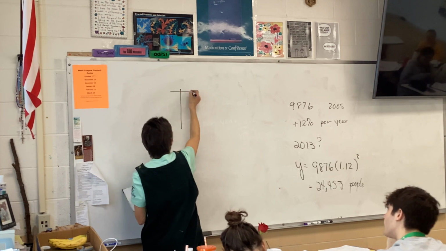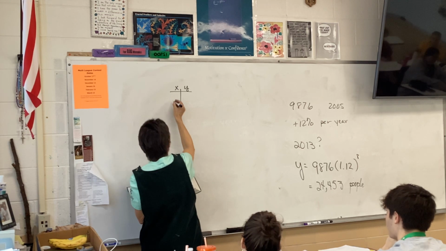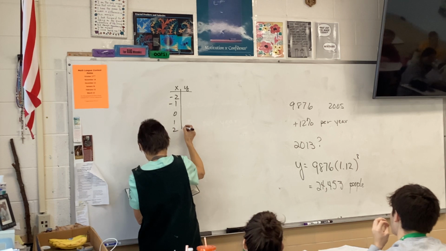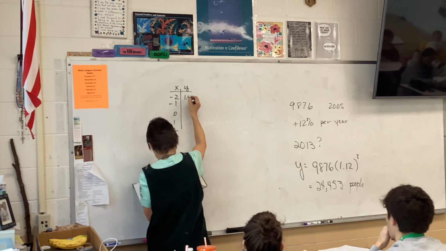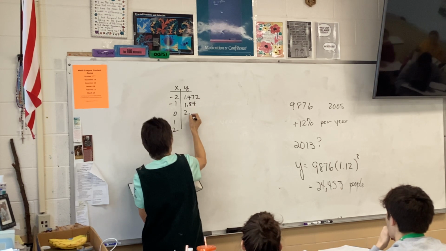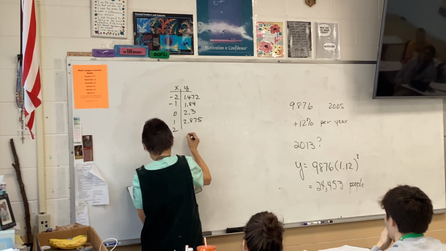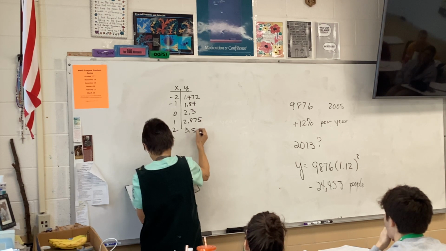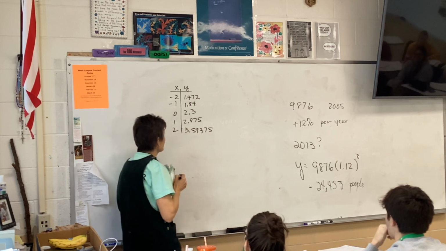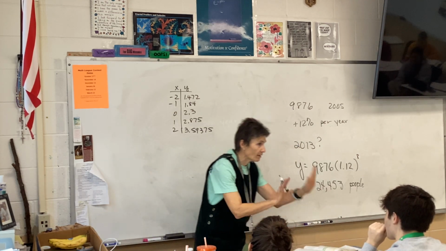You have a table of values, and they look like this. Okay, so here is just a T-chart. I didn't have to do any figuring, it's just right there.